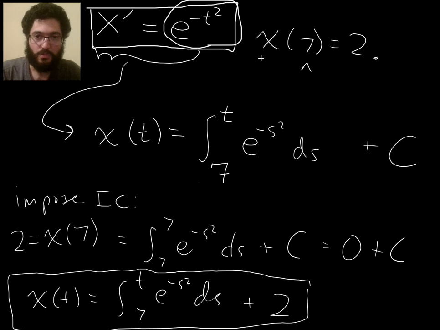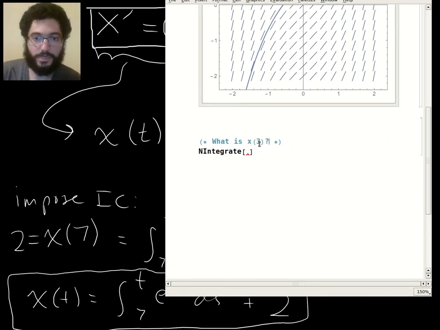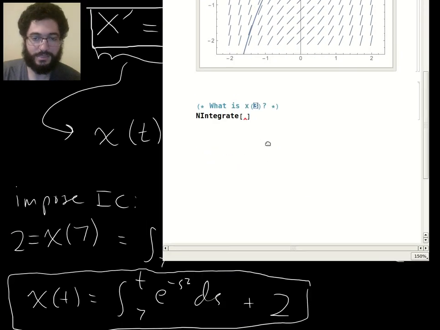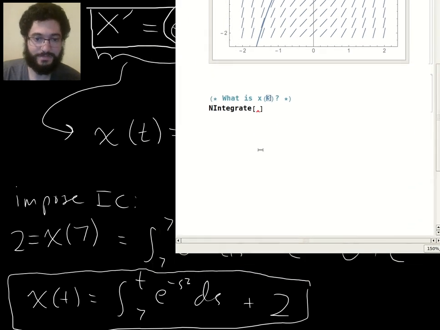And we are told an initial condition, which is that at time 7, the state of the system is 2. Then we want to do a back prediction. If we know that at time 7 the state of the system was 2, then what is the state of the system at time 3?